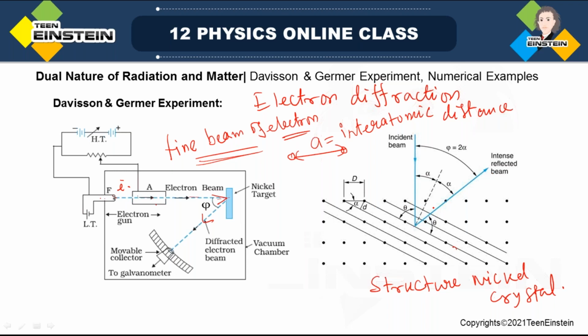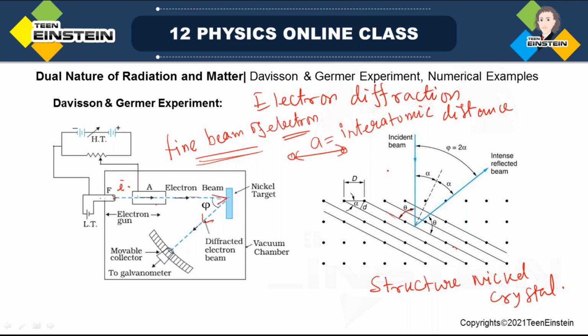The scientist Bragg gave a theory on that, so we'll see Bragg's relation, the Bragg diffraction condition. This is called the incident ray, which makes an angle theta with the planes.